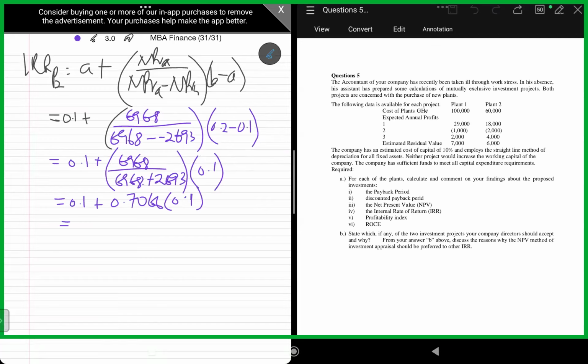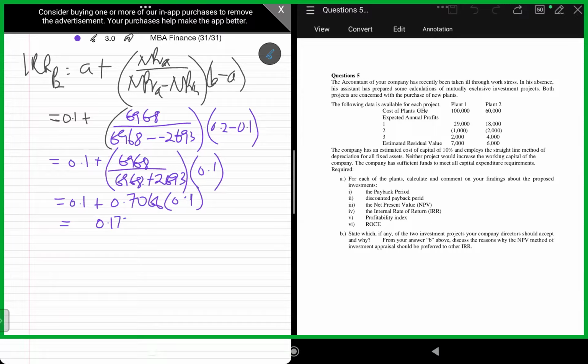All together, that will give us 0.17066.